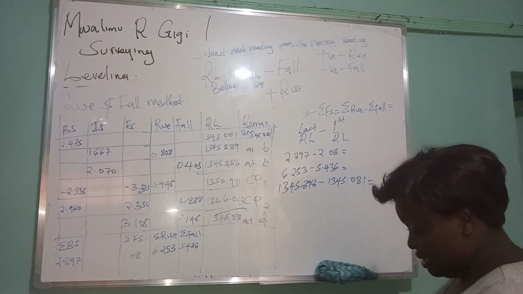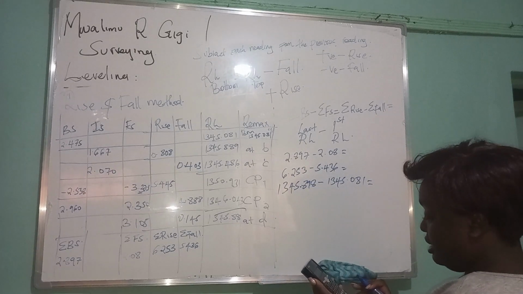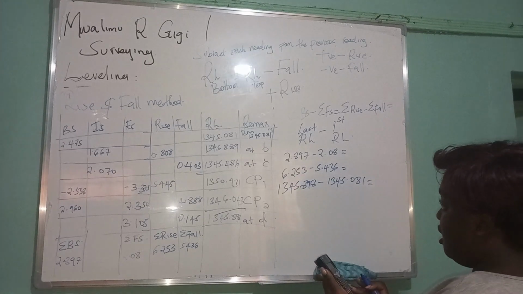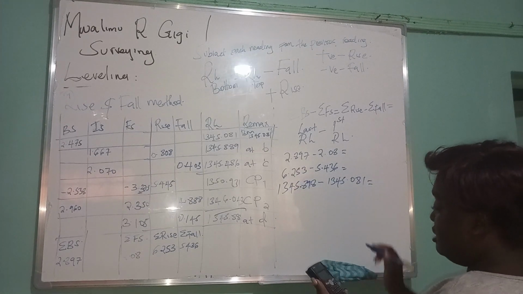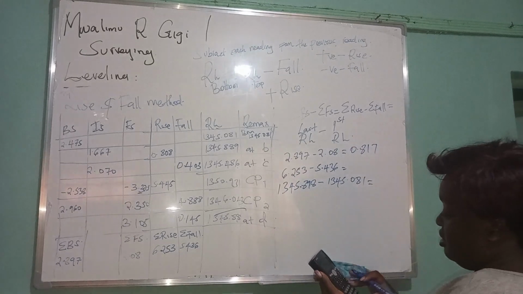So our answers should be equal. So 2.897 minus 2.008 is 0.817.